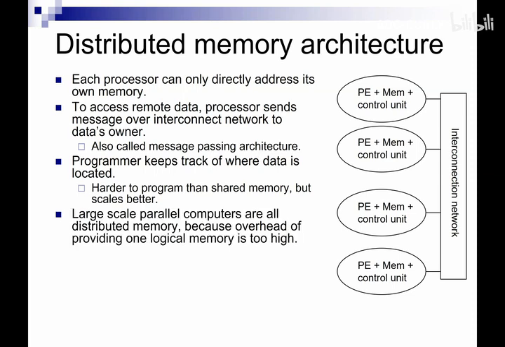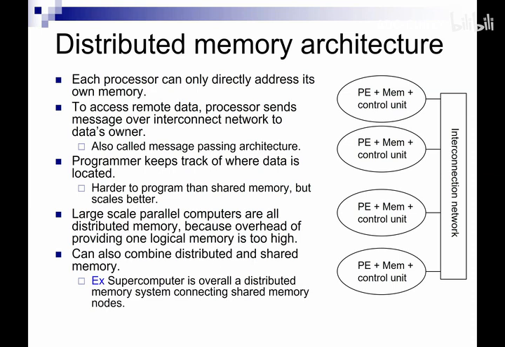However, the advantage of distributed memory architecture is that because the processors don't need to share a common piece of memory, you can build much larger systems, because each of these processors is more isolated from the other processors. It only needs to directly access memory from its own processor, and you can connect a large number of these processors through a network. In practice, most large-scale parallel computers are a combination of distributed memory and shared memory.